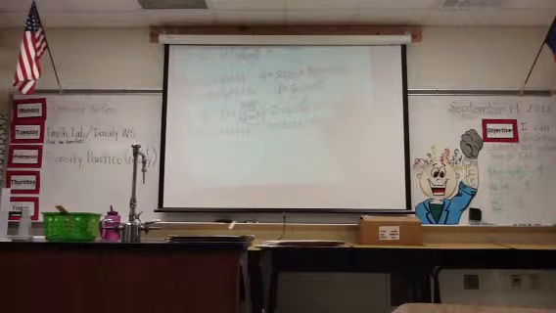And the height is 2 centimeters. Okay, so we do our math. 2 times 5 is 10. Times 2 is 20. So our volume equals 20. We use centimeters 1, 2, 3 times.